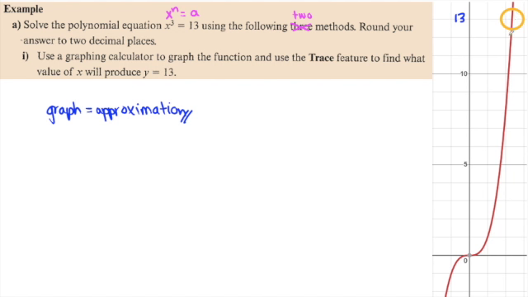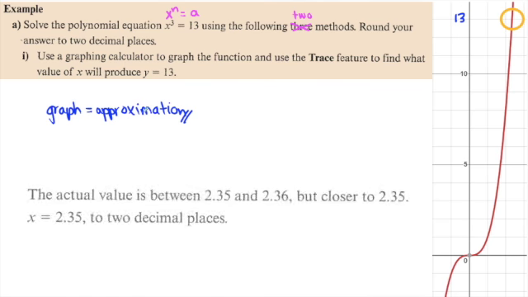It's essentially 1, 2, and then you're guessing how far along that x-axis it is. So the actual value is between 2.35 and 2.36, but closer to 2.35. So therefore, this is our guess from using a graph. Again, not a very difficult thing to do. Just go into Desmos and graph it, and then you are estimating using that trace feature.